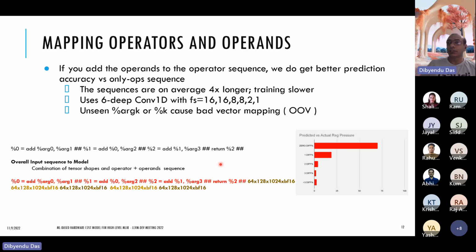We tried tokenizing on an individual number basis, but once again there's a problem: for this kind of text processing system, natural numbers are not embedded well. For runtime estimations, these tensor size values are very important. For register pressure and such, it may not matter as much.